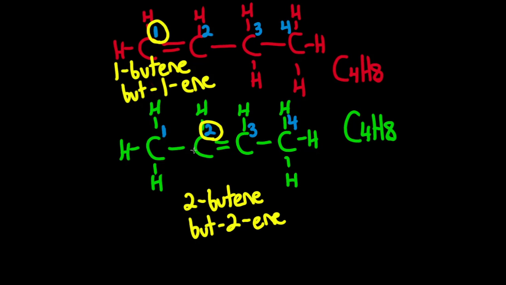And so I have to be specific about how I name them. If I just name this top one butene, I'm partially incorrect. Which partially incorrect on a hazmat scene can be all the difference sometimes. So you want to be as descriptive and specific as you can. So 1-butene is correct, 2-butene is correct for the bottom one. So when you're working out problems, be as specific as you can.